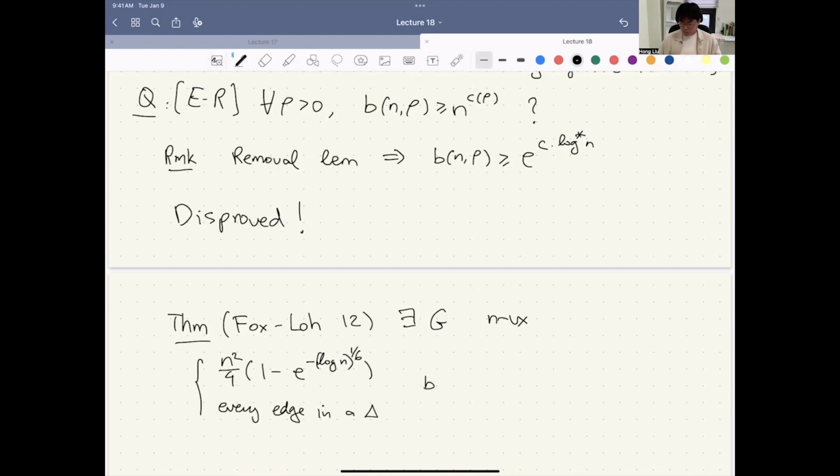But the book size is not polynomial in n. It's at most subpolynomial. It looks like n to some constant over log n. This is their result.